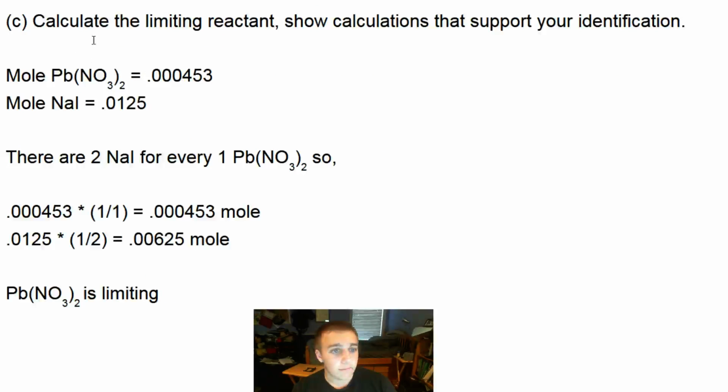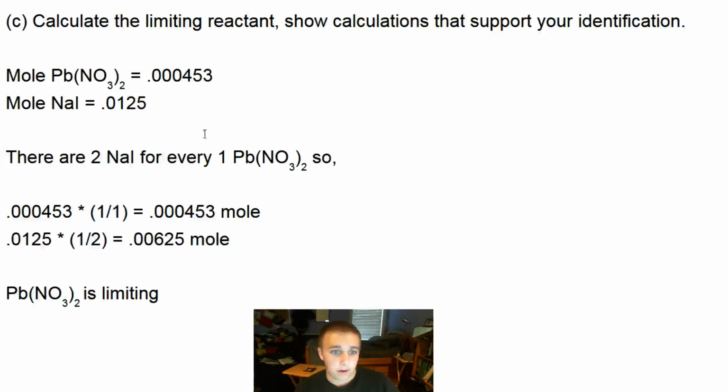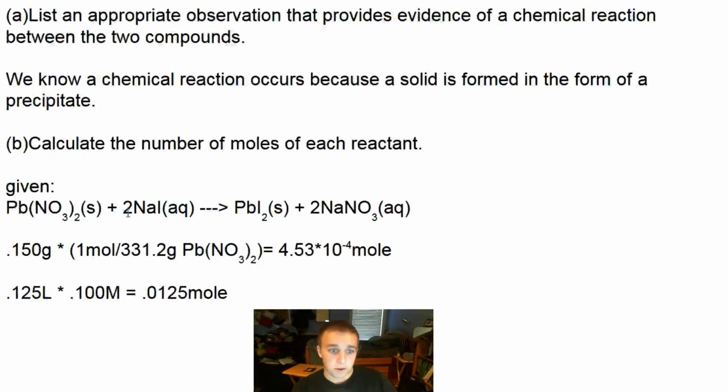For C, we're supposed to calculate the limiting reactant and show the calculations that support the identification. I took these numbers, 0.000453 and 0.0125, from the first slide, just to see them visually. We know there's 2 NaI for every 1 Pb(NO3)2, as shown in the equation.